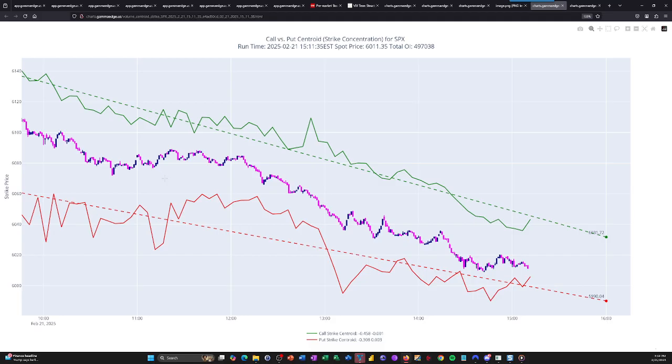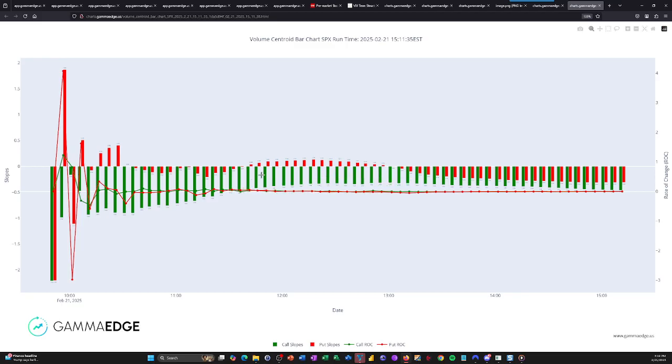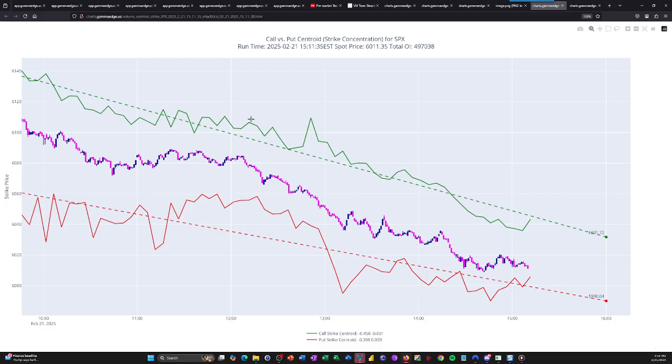Remember, long puts are negative delta, right? And so if we remove negative delta from our book, we're getting longer, the dealer's getting shorter, and all things considered, we get upward pressure in general, all right? And you can see the red kind of maxes out at, what time was that? That was at 12:16. So if we look at 12:16, that's in this area, we're kind of maxing out in the rate of change, and then you can see we started to pull back down.